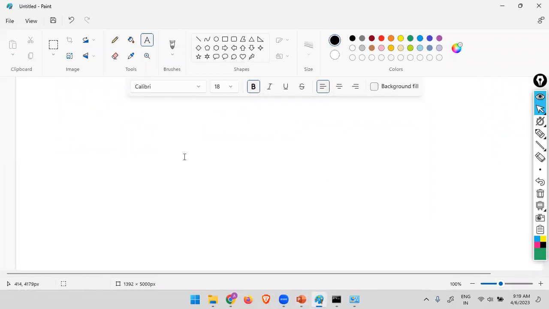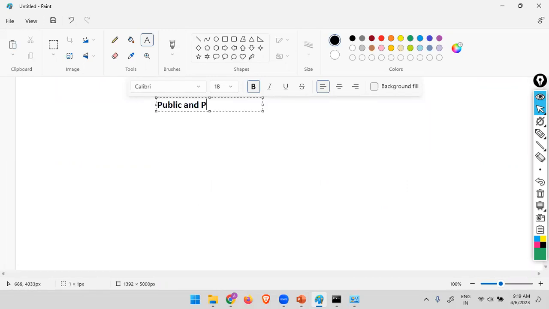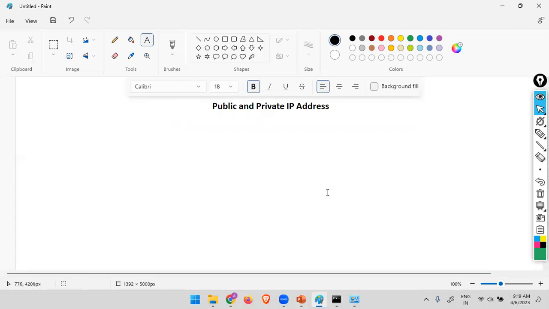Now, one more small concept we have: public and private IP address. So what does it mean with the public? The expressions that we use in common use.